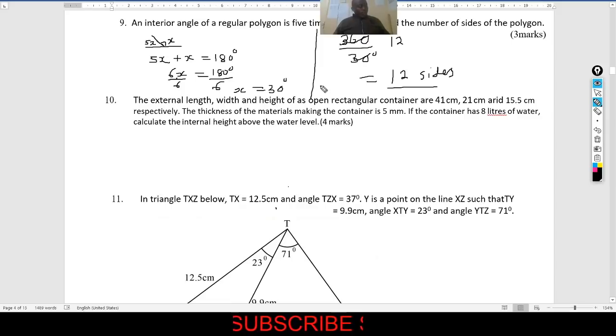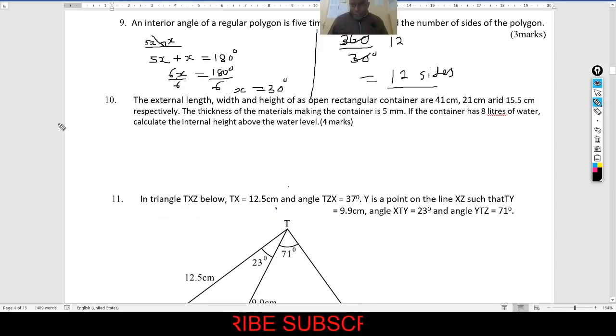Now we move to our next question, number 10. The external length, width, and height of an open rectangular container are 41, 21, and 15.5 centimeters respectively.